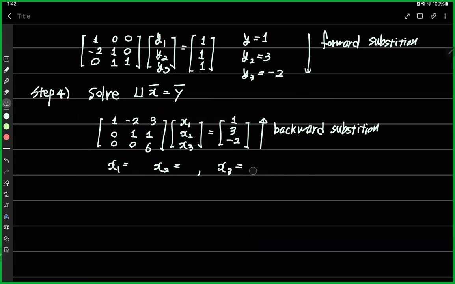And then x3 must be 6, and x2 is 3, right?